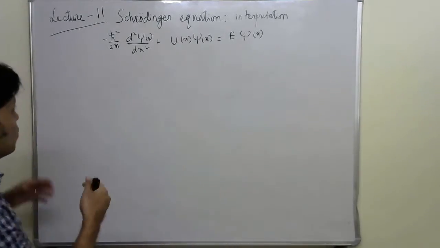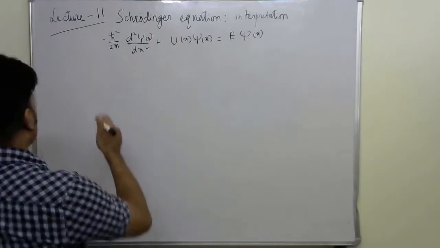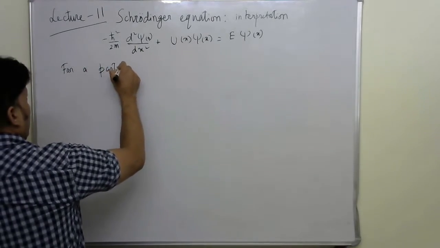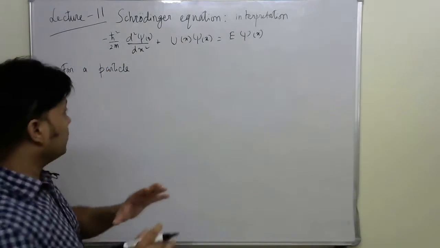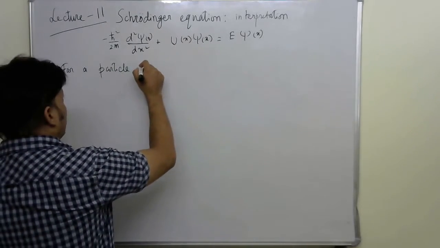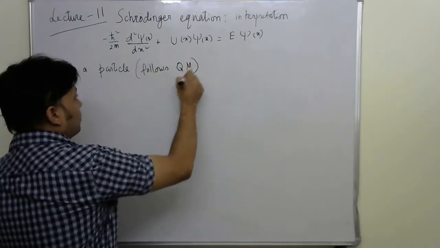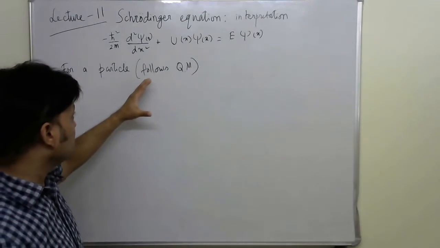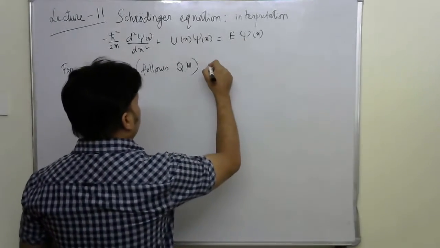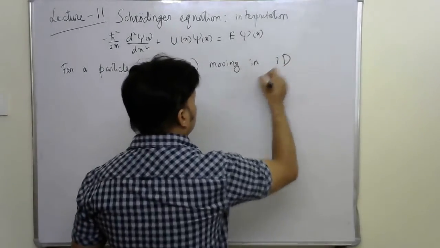And the question is, once again, what is this for? Of course, this is for a particle, and the particle can be anything. We can think that the particle can be an electron. But it is a particle that follows quantum mechanics, the physics of quantum mechanics, and that is moving in one dimension.